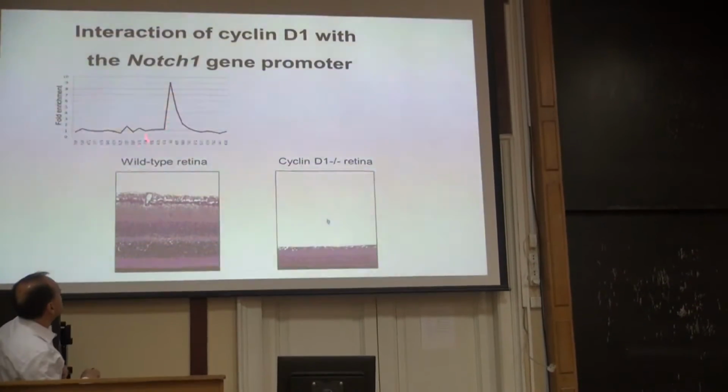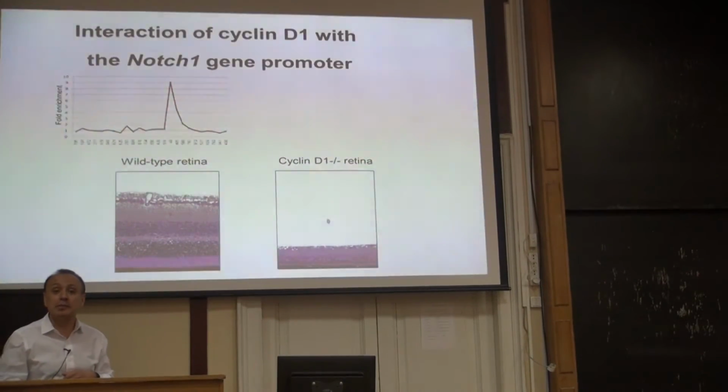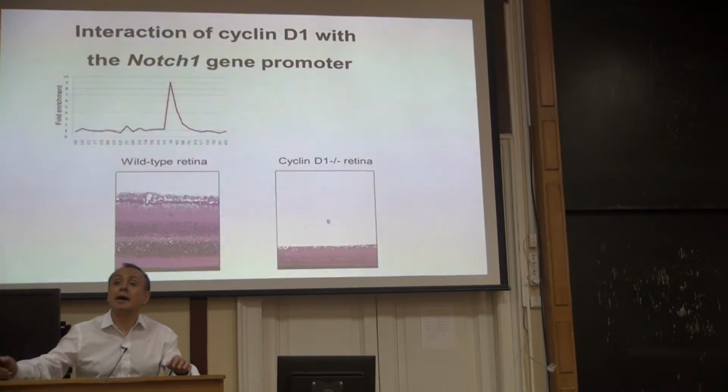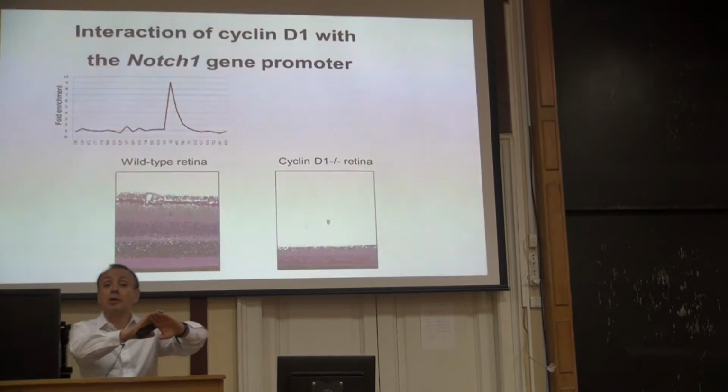In fact, a retina-specific knockout of Notch gives a very similar phenotype, suggesting that there is at least some link between cyclin D1 and Notch expression. What we have found is that cyclin D1 is sitting on the Notch promoter, and this is actually going from intersection.